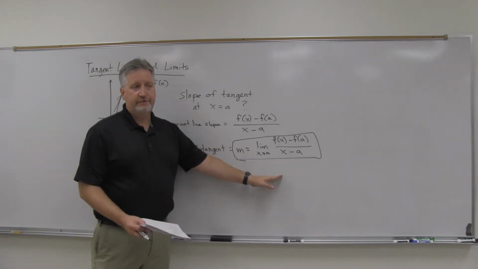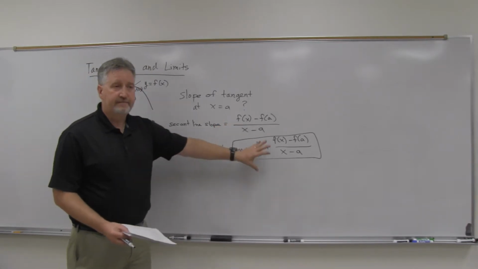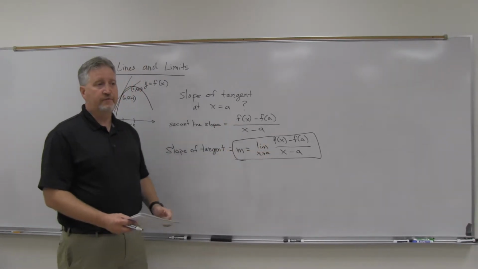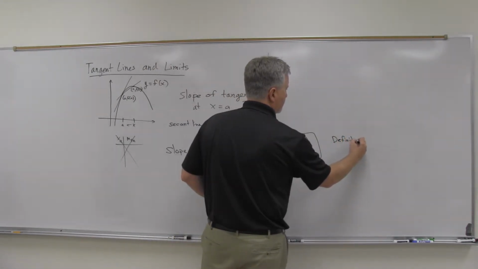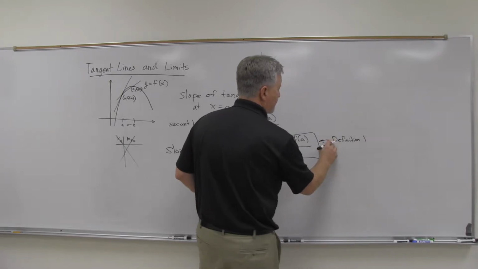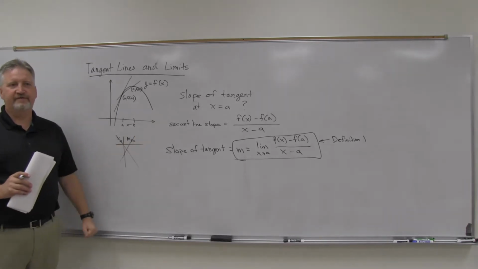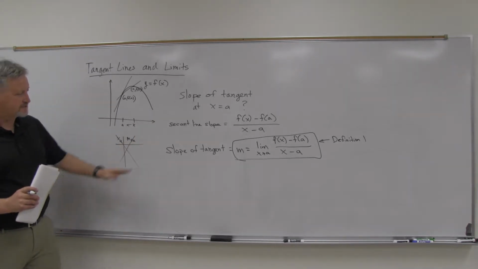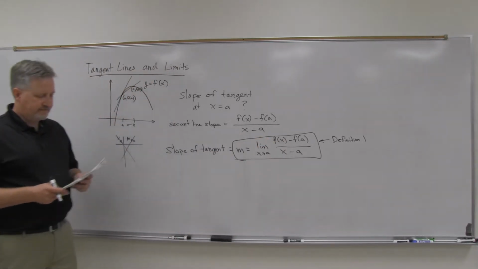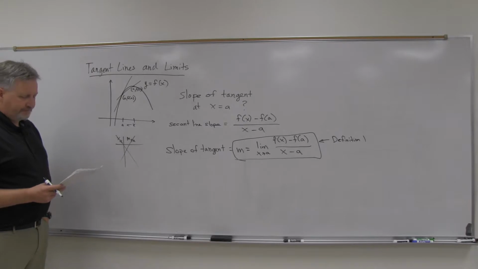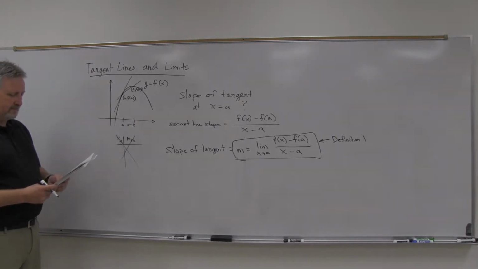This one they'll refer to as definition 1. So this is the slope of the tangent using definition 1. And the other one we'll call something different, but if it refers to definition 1, that's the formula that we're going to use. M equals the limit as X approaches A of this lovely little limit here.